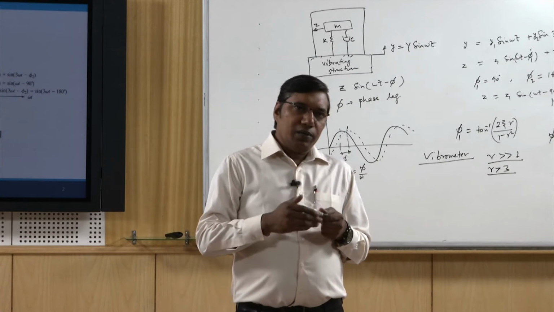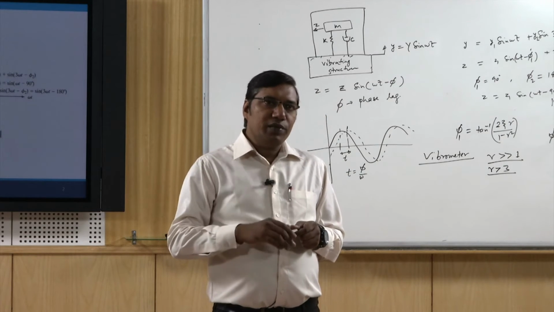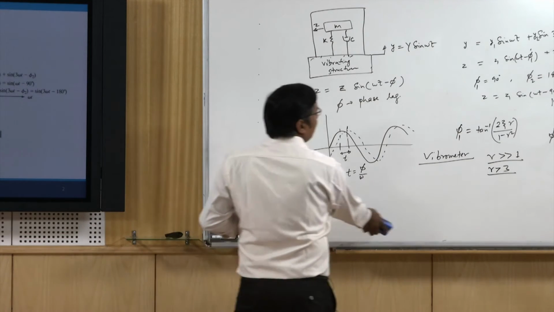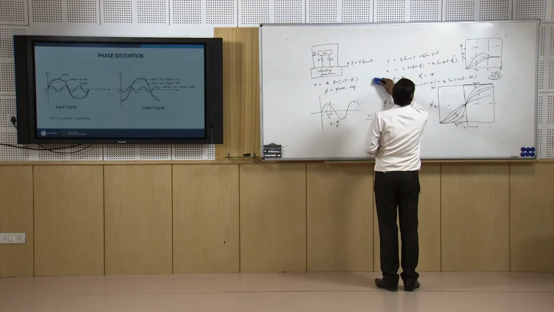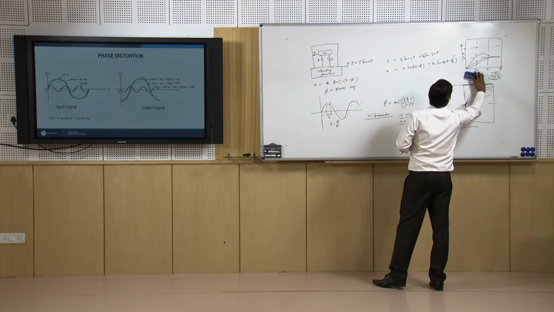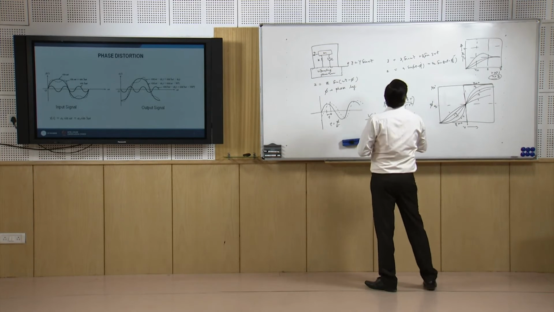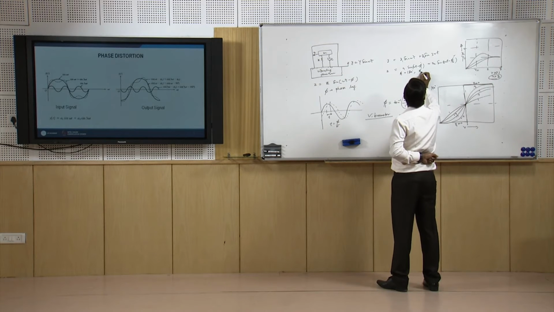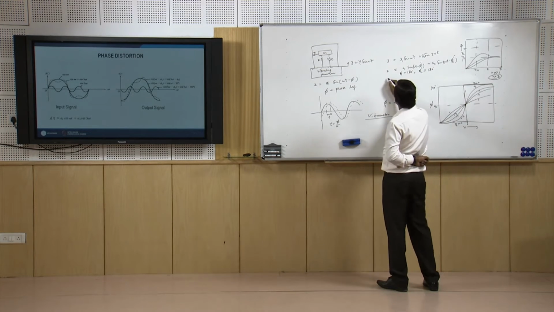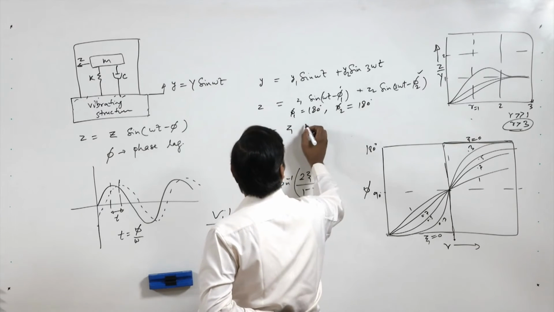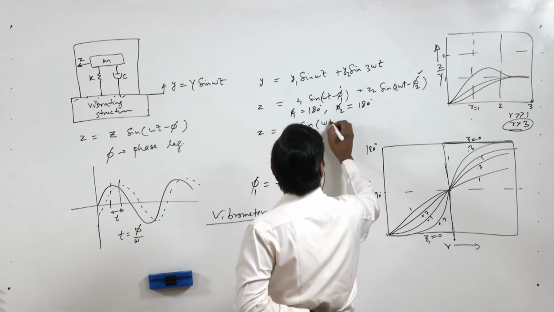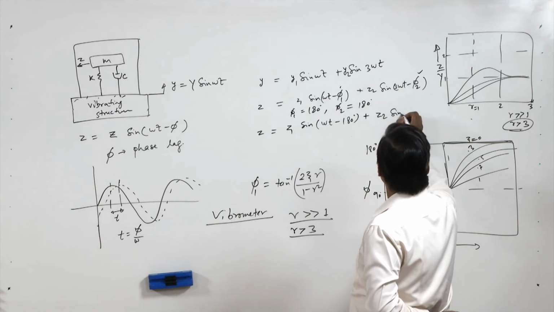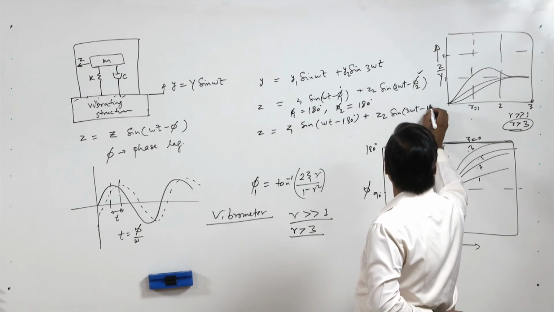Although, due to the 180 degree phase, it could be negative, so let's do it like this. If we have phi 1 equal to 180 degrees and phi 2 equal to 180 degrees, then what will happen? z equals z1 sin(omega t minus 180 degrees) plus z2 sin(3 omega t minus 180 degrees).